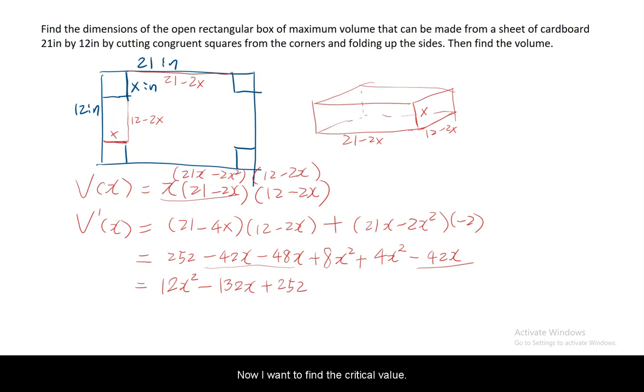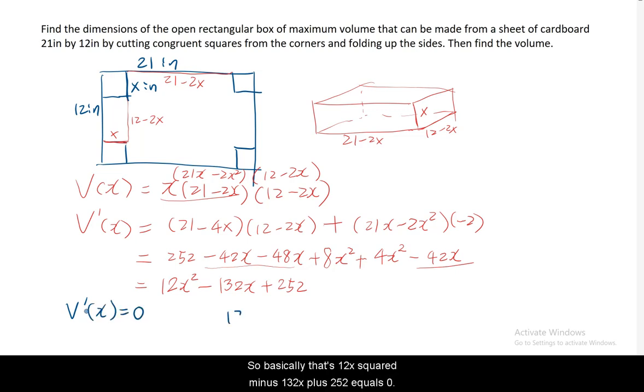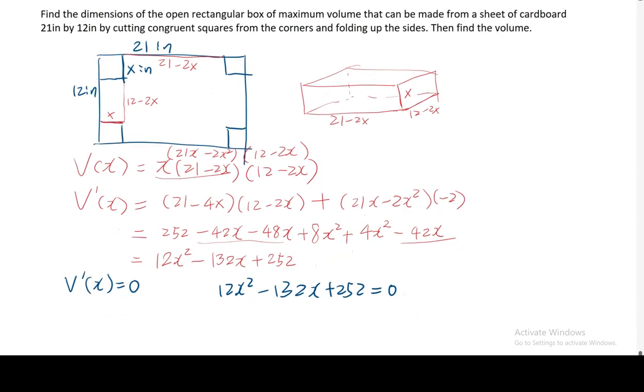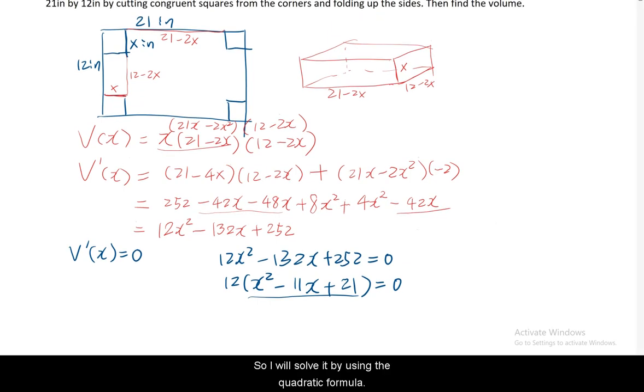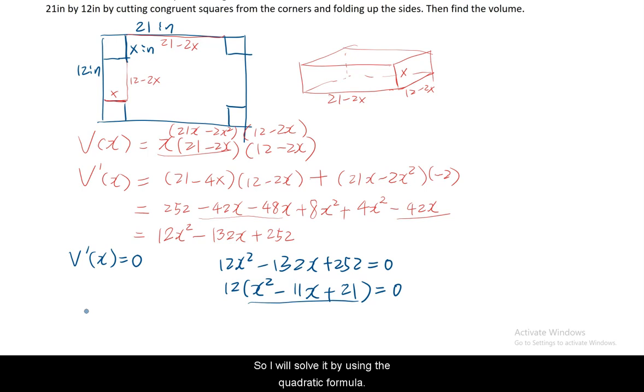Now I want to find the critical value, so I make the derivative v prime of x equal to 0. So basically that's 12x squared minus 132x plus 252 equals 0. So I will factor out a 12 here. So that's x squared minus 11x plus, I did the calculation earlier, 21 equals 0. All right, this part is not factorable, so I will solve it by using the quadratic formula.